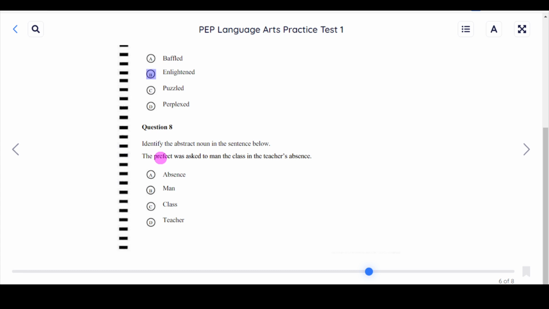Going back in my mind, what is a concrete noun versus an abstract noun? In the book, it says concrete nouns are things that we can see, touch, manipulate, and experience with our senses. For example, a ball: I can see the ball, touch the ball, handle it, and so on.